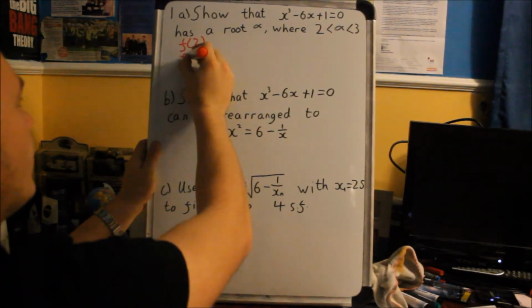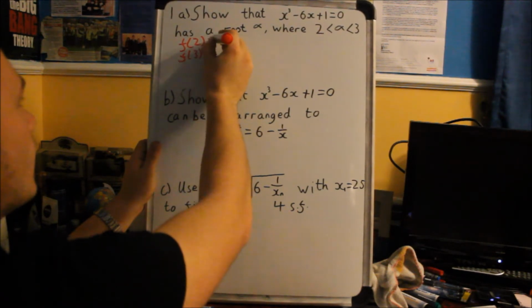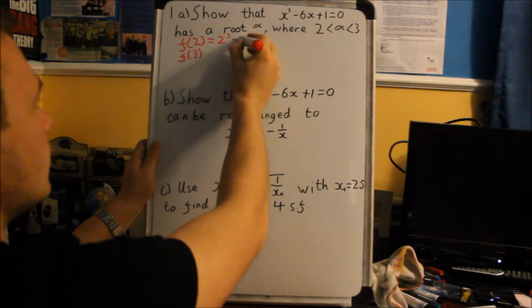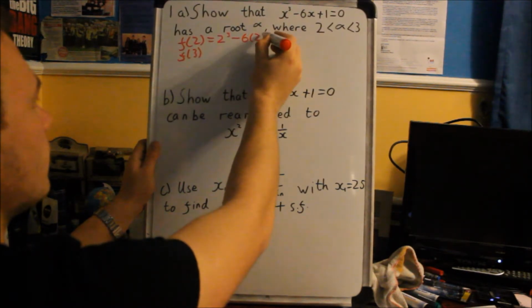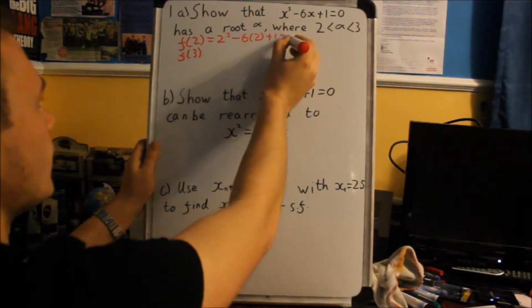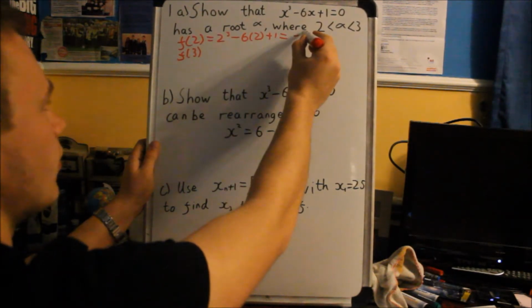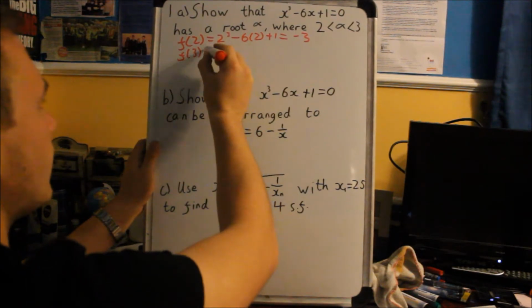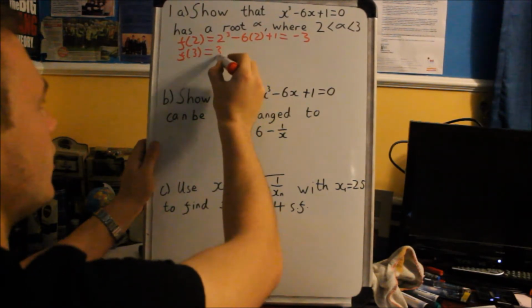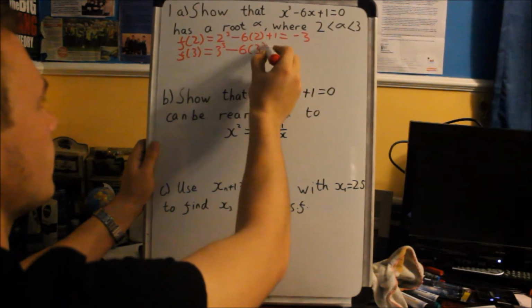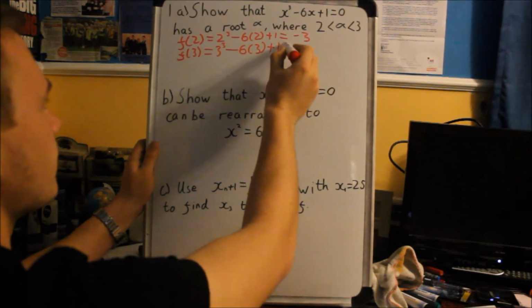and f of 3. So at f of 2 we get 2 cubed minus 6 times 2 plus 1, which is 8 minus 12, which is minus 4, plus 1 is minus 3. And f of 3, so we get 3 cubed minus 6 times 3 plus 1.